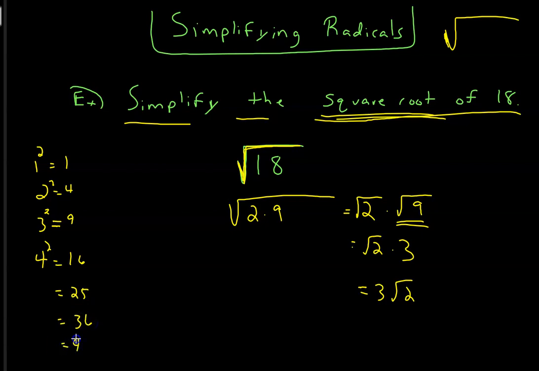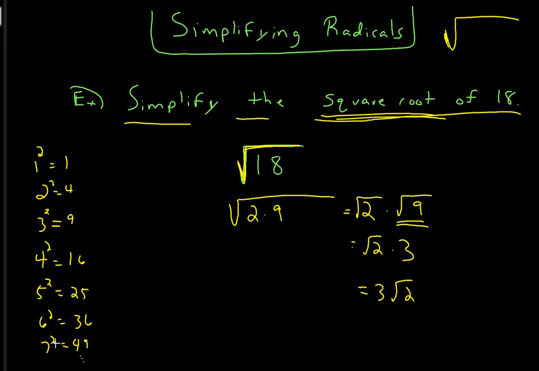The next one is 49, and so forth. So if you know all the perfect squares, like from 1 to 25, it's useful because you save some work. Like you just know that the square root of 9 is 3, and you can easily find the answer. Now, if you don't know the perfect squares, you have to do it a different way.